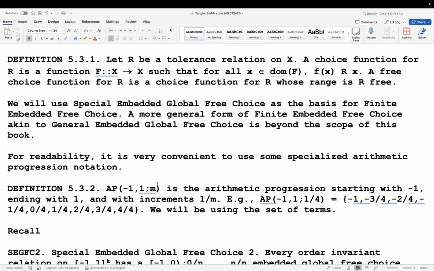Okay, so the AP of -1, 1, semicolon M is the arithmetic progression starting with -1, ending with 1, and whose increments are 1 divided by m, and m is a positive integer. That's a convention in the book also, that certain letters stand for positive integers unless indicated otherwise. So AP of -1, 1, 1/4 is this thing here with increments 1/4. I think it has nine terms.